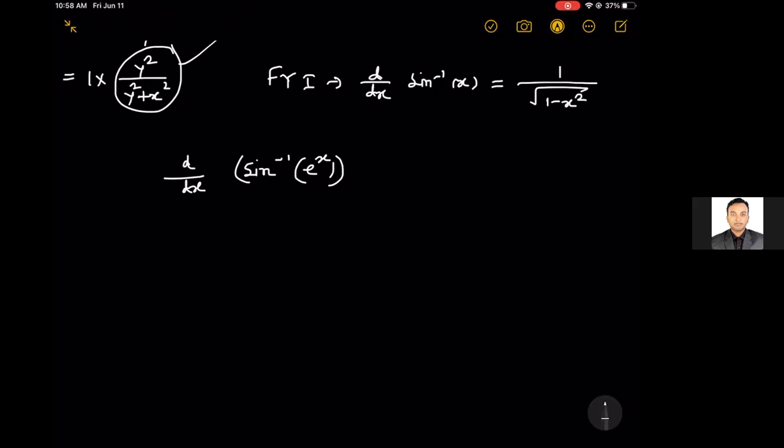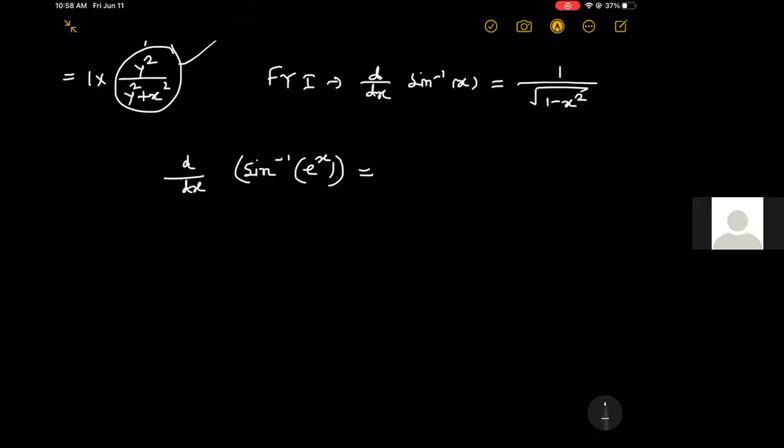Okay, so what's the derivative of sine inverse e to the x? What's the first thing we need to do? Anyone from the first group? What should you do? Not from the first group. If you want to share your work, you are more than welcome to do that.